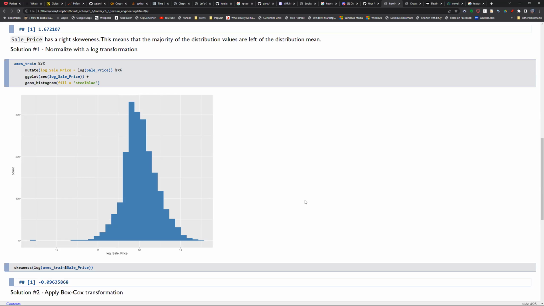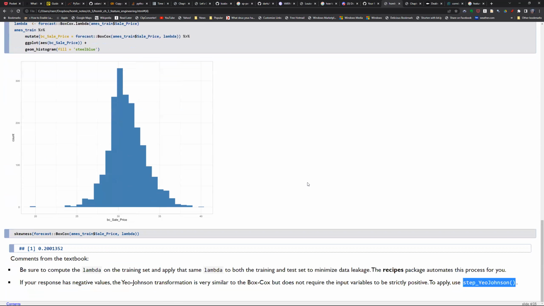For example, tree-based algorithms don't need this. They can handle the target distribution as it is. Sometimes it helps also. You have different opinions in terms of using algorithms that don't assume that the target has to be Gaussian or normal. So there are a lot of alternatives here.